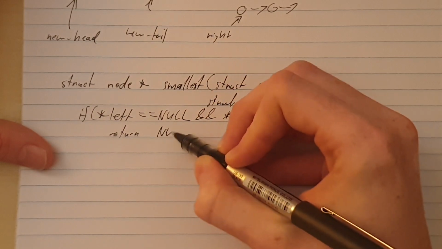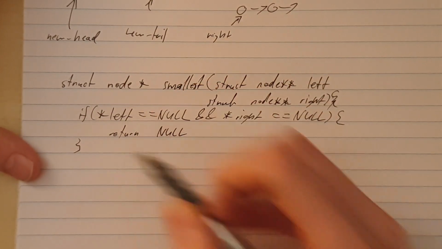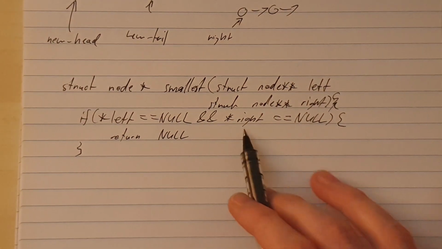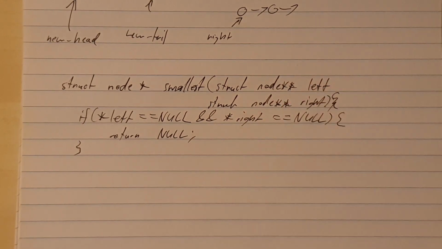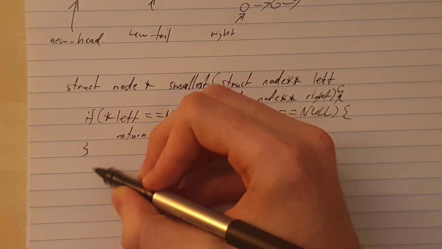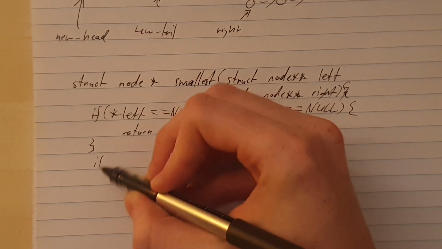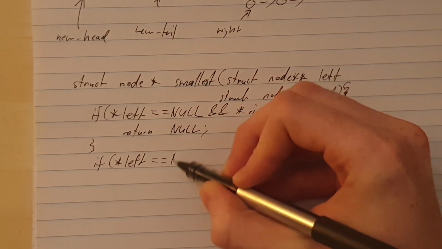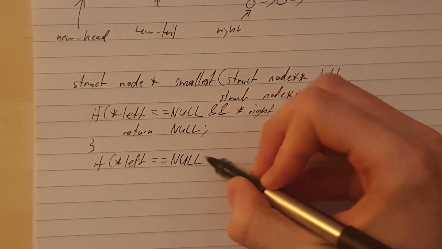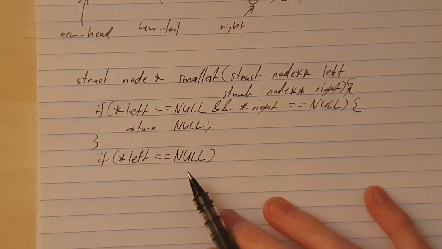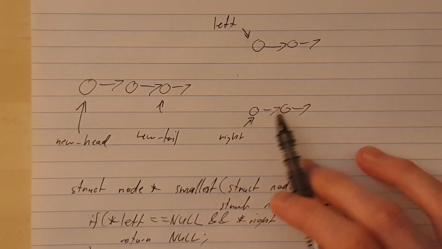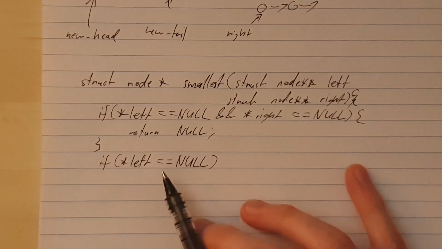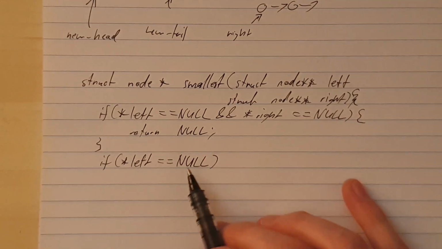So if both my lists are empty, then there's nothing to do. Easy. If one of my lists is empty, say the left list is empty, so if value at left is empty, then I want to advance and return the right, because we know that there must be something in the right because this check didn't pass, so we got down here.